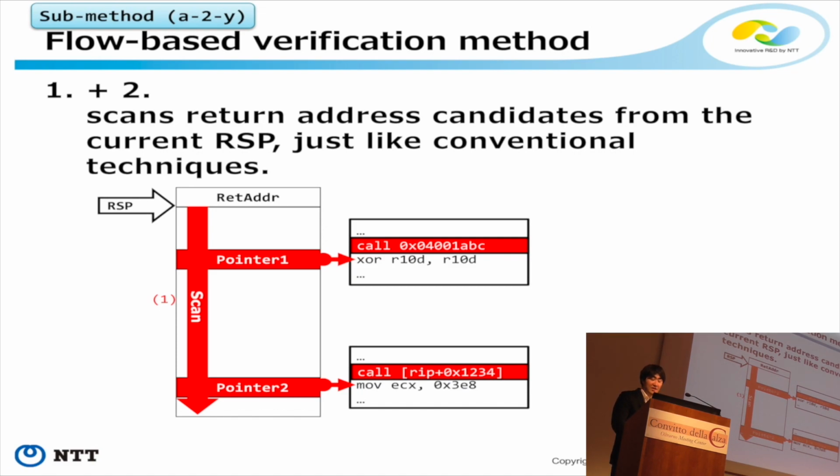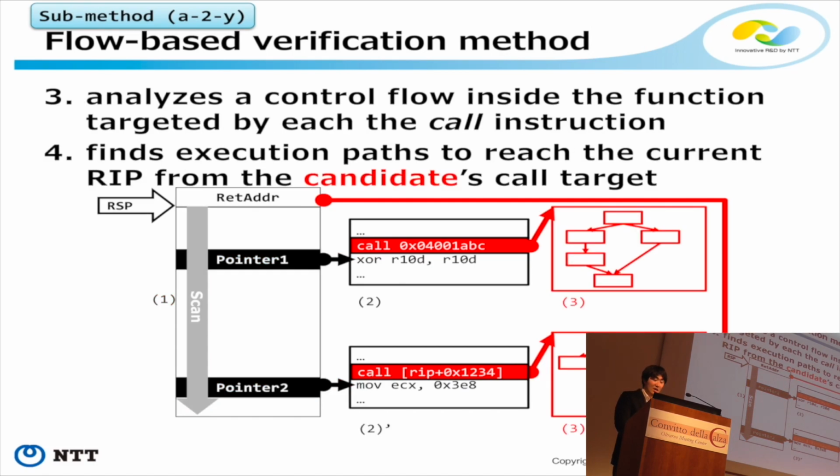Firstly, the sub-method scans return address candidates from the current RSP, just like conventional techniques. And then our sub-method finds an execution path to reach the current RIP from the detected return address. It analyzes control flow inside the function targeted by each call instruction pointed to by a return address candidate.